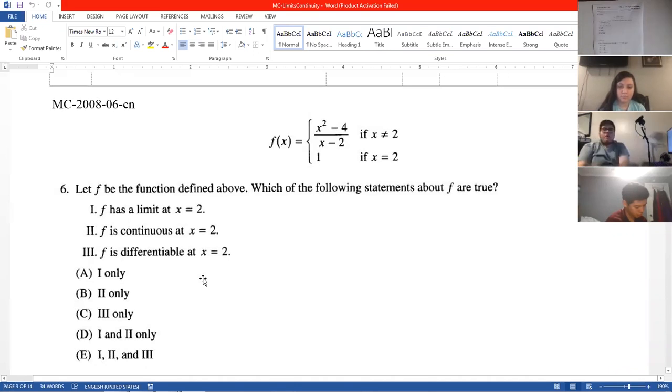Let f be the function defined above. So this piecewise function, right? Which of the following statements about f is true? F has a limit at x equals 2. F is continuous. F is differentiable. Same questions.